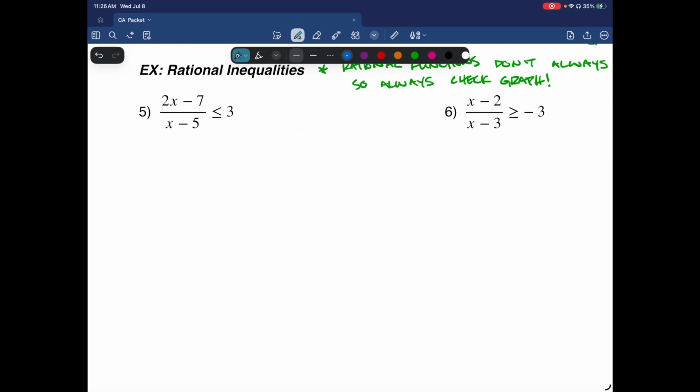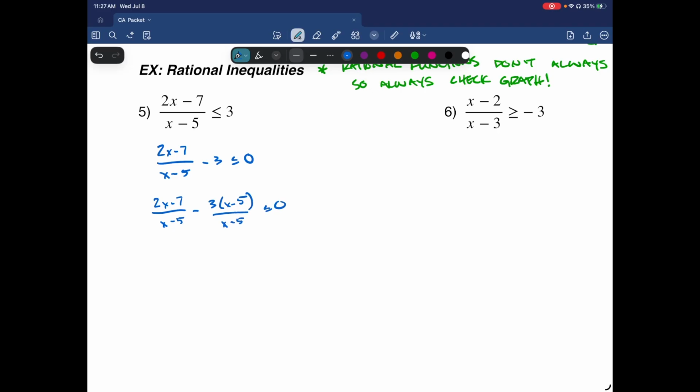Okay, so again, getting everything to the same side. We're going to get (2x minus 7) over (x minus 5), minus 3, less than or equal to 0. All right, once we get everything to the same side, we need to get a single fraction. So we got to find the common denominators. All right, so that's going to be 2x minus 7, minus 3 times (x minus 5), over x minus 5. Okay.